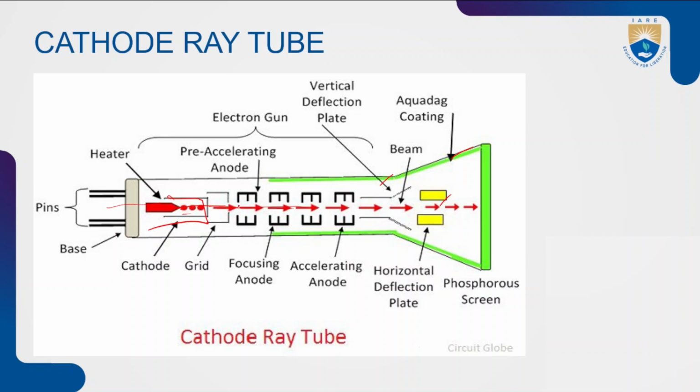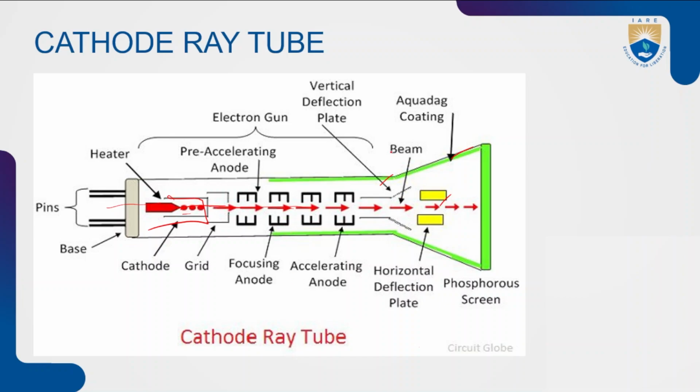First, the electron beam meets the pre-accelerating anode. As it meets the pre-accelerating anode, it increases its intensity level and next reaches the focusing anode. With the help of this focusing anode, the electron beam will reach a particular point on the CRT screen.